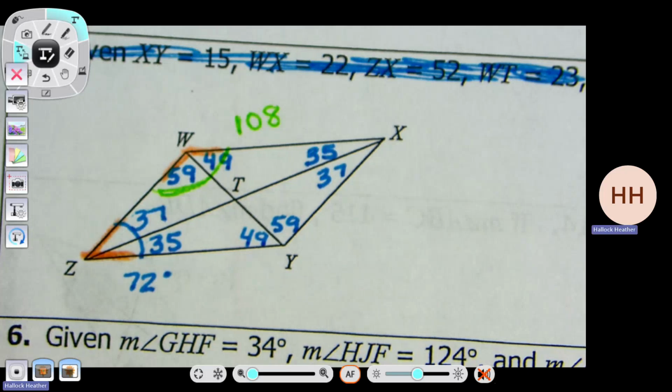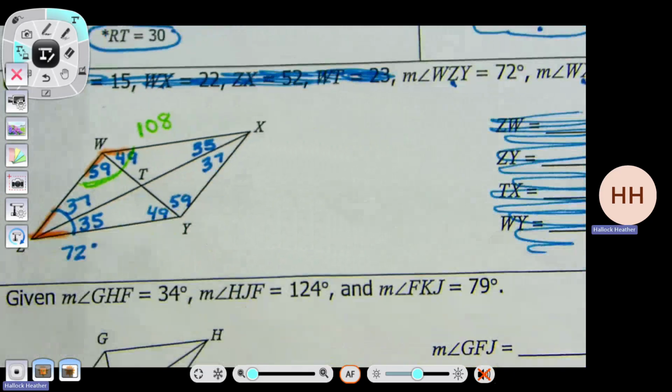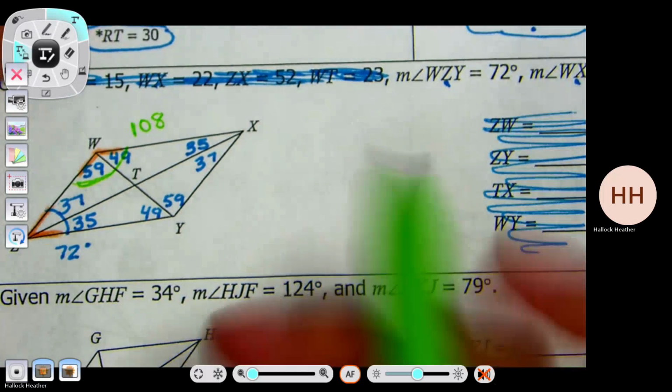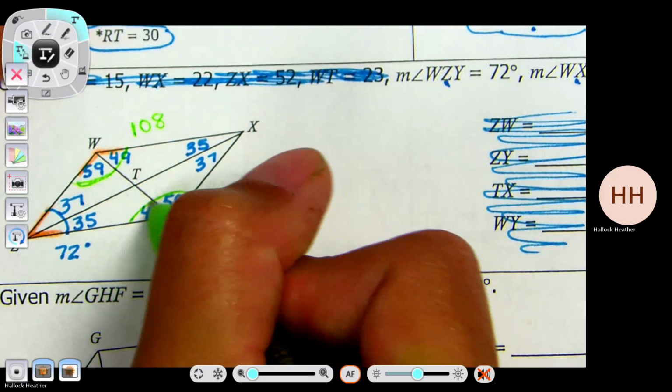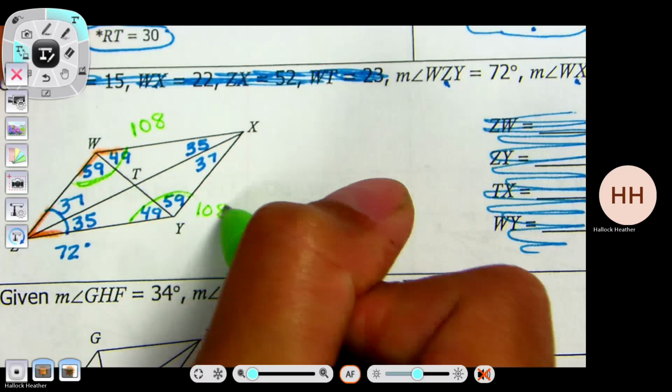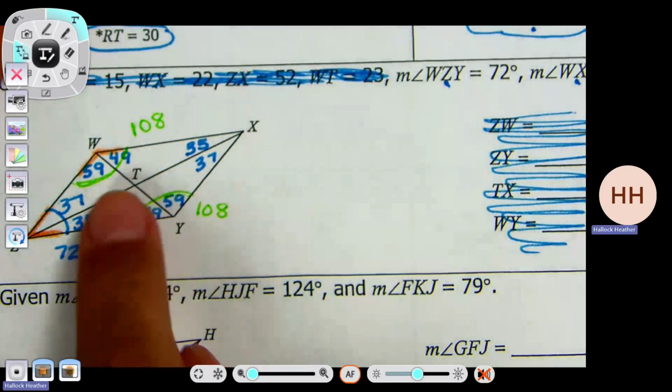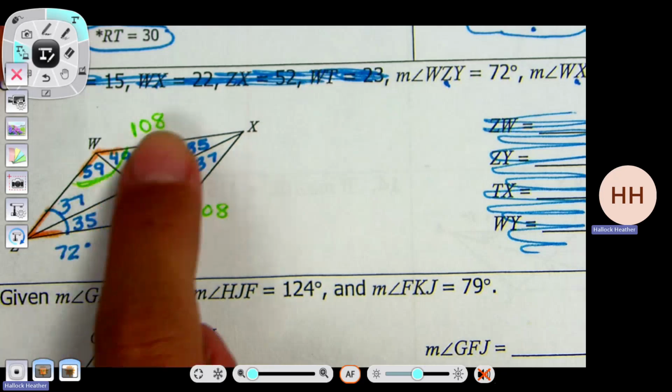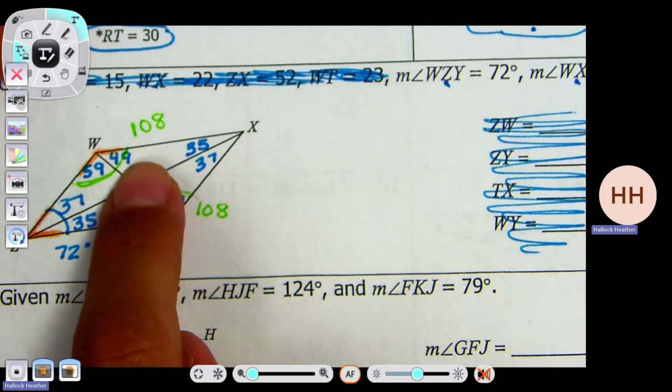You have to be able to read three-letter angles. Because if the whole thing is 108 and I knew this was 59, 59 subtracted from 108 gets me 49, because they have to add together to make 108.